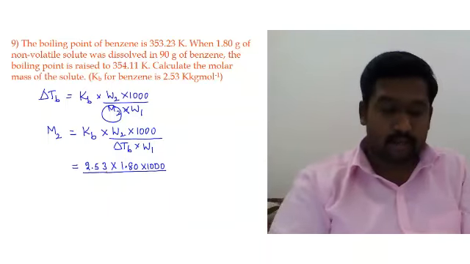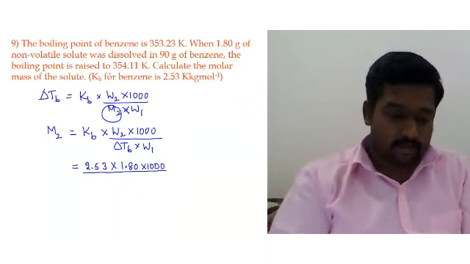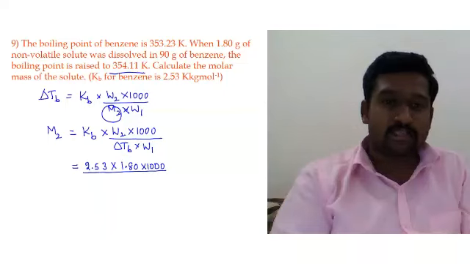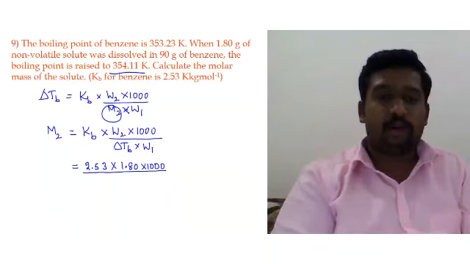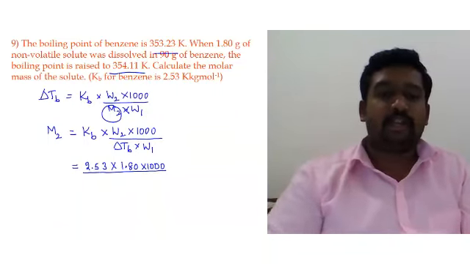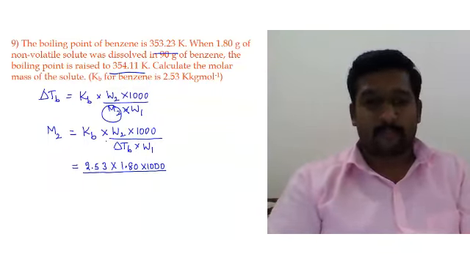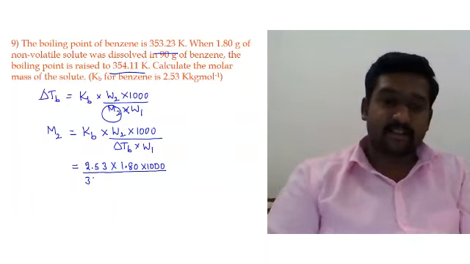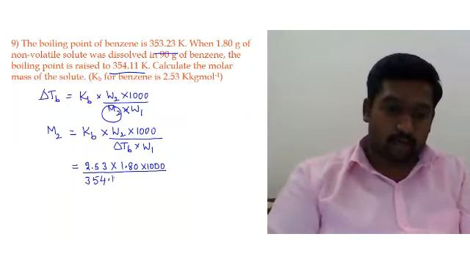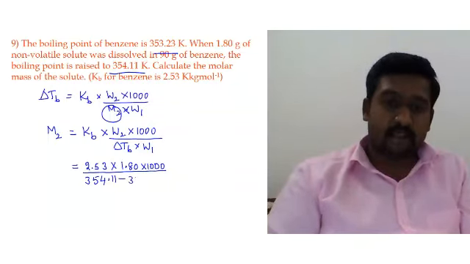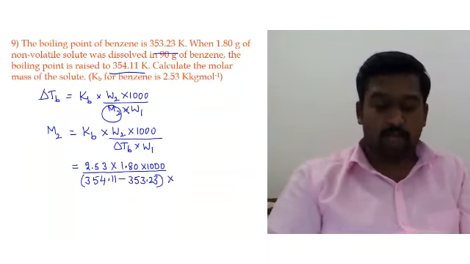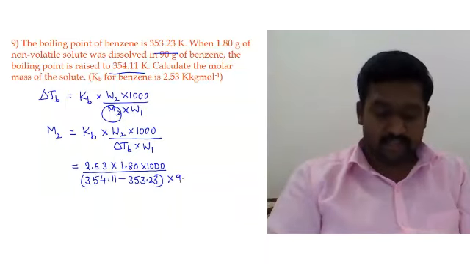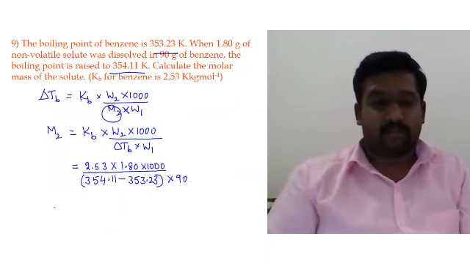Whatever is the change in boiling point according to question, the elevated boiling point is 354.11, whereas the actual pure solvent boiling point was 353.23 Kelvin. So I'll take the difference, 354.11 minus 353.23, this is the difference, into mass of the solvent, which is 90 gram as per the question.